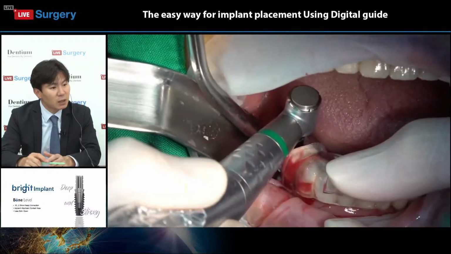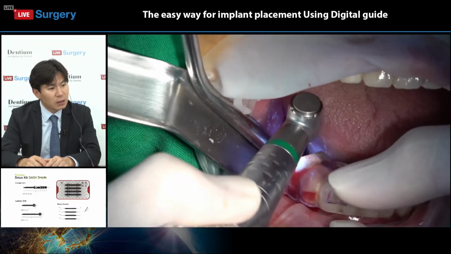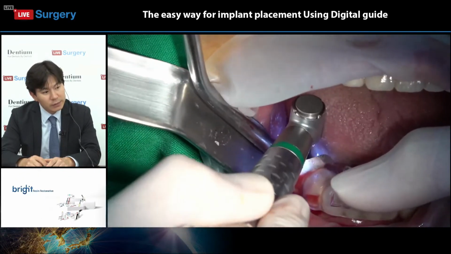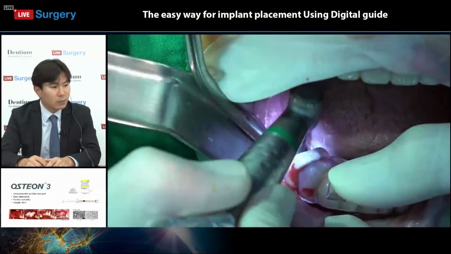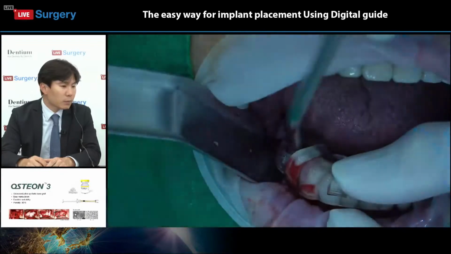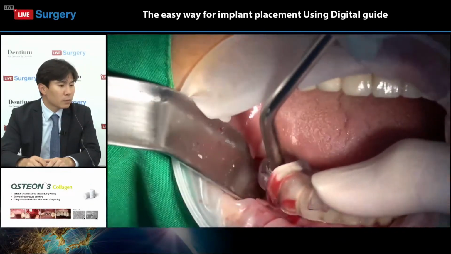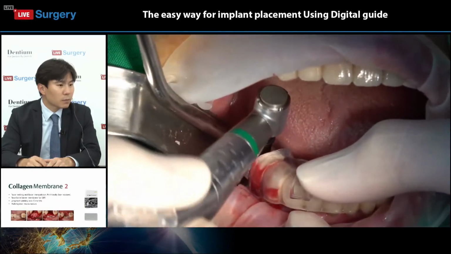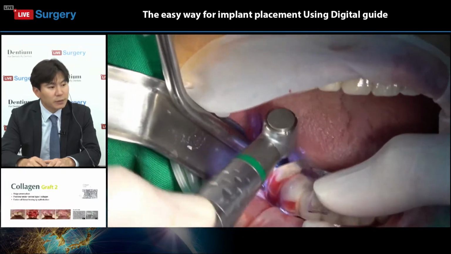He is pressing the guide so it is not displaced, and he is starting drilling. He is enlarging the osteotomy.